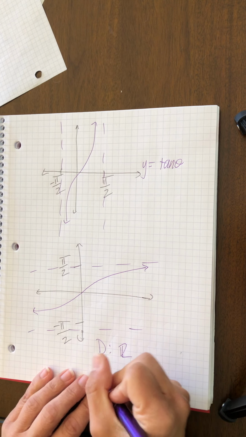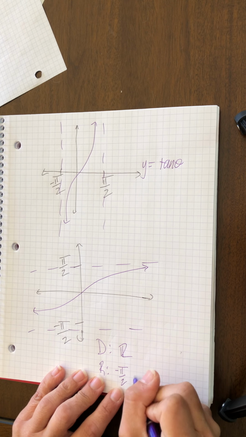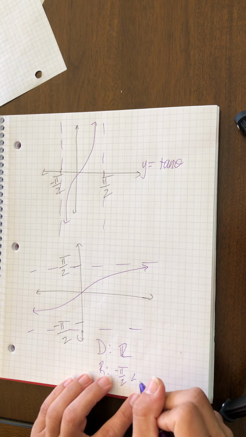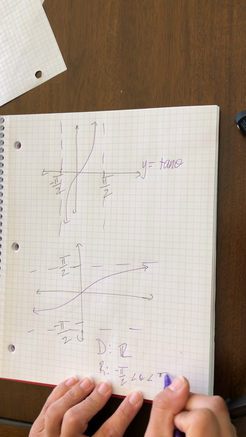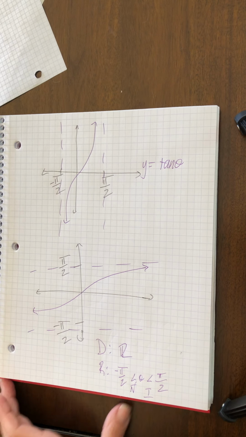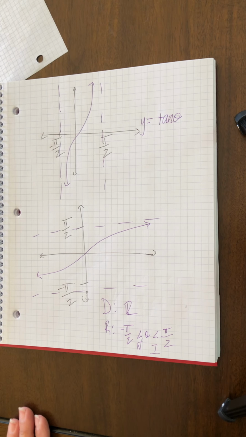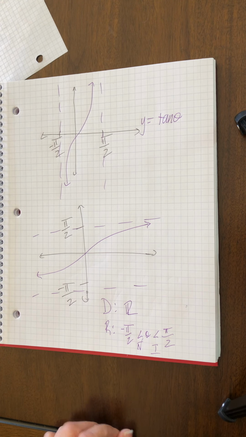And the range is -pi over 2 less than theta, which is less than pi over 2, which is quadrant 4 and 1. Okay, so let's do some examples.